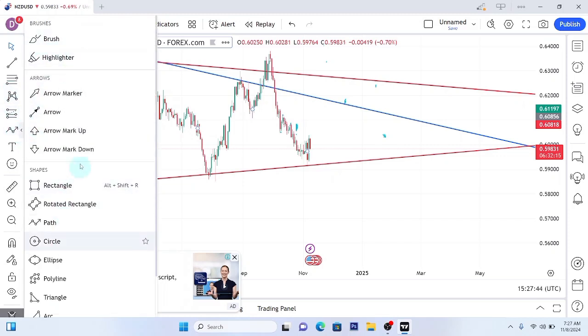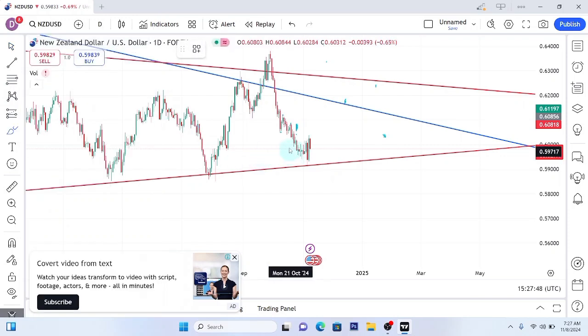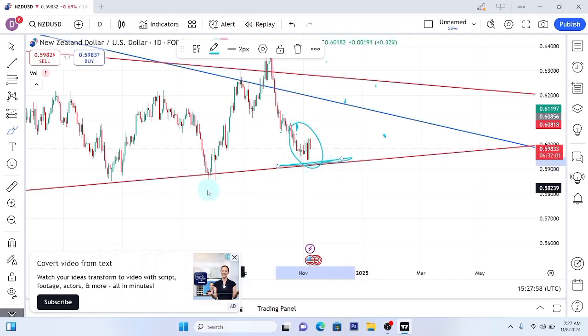This is what is happening. The market has already touched this consolidation. As you can see, the market has already touched this support zone here. Look at another touch here, and another touch here. When there is more than one touch on the support zone, it becomes a stronger support zone.